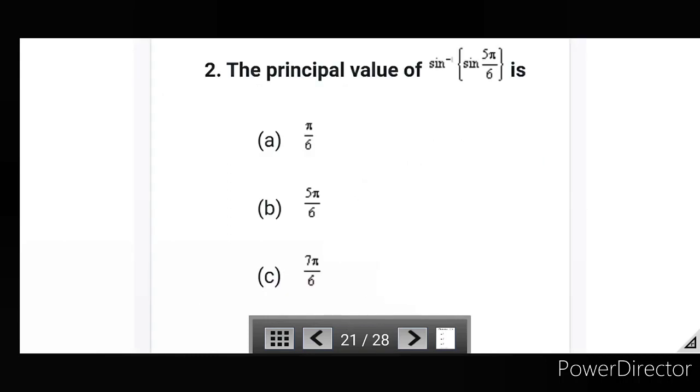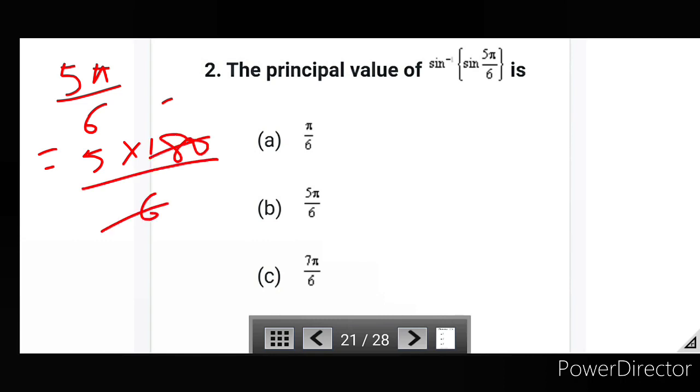Next question, the principal value of sin inverse sin 5 pi by 6. Again check range of 5 pi by 6, which is 5 multiplied by 180 divided by 6, which is equal to 150. But range of sin inverse x is minus pi by 2 to pi by 2, that is minus 90 to 90, but 150 is not in this range, so convert it into other angles.